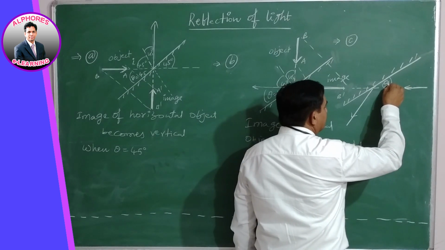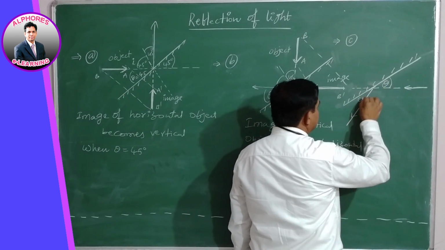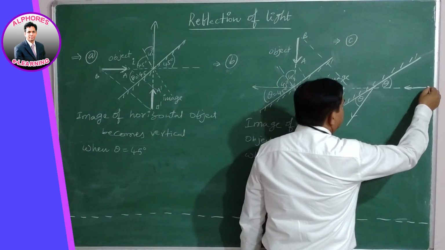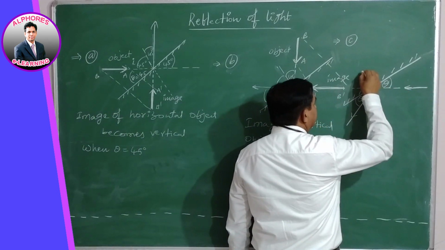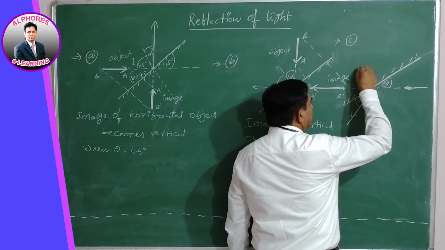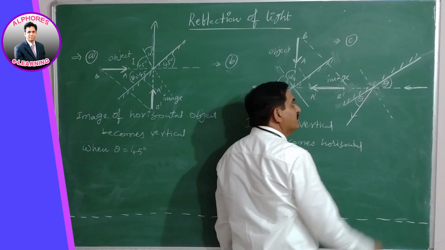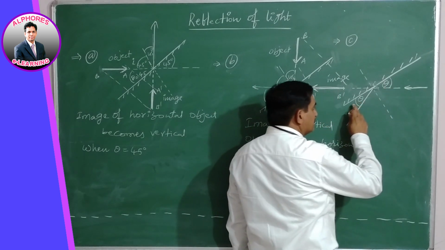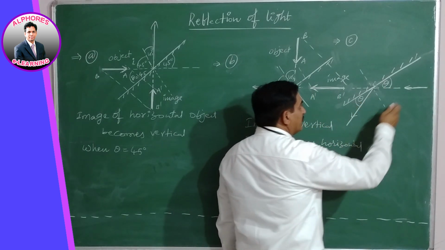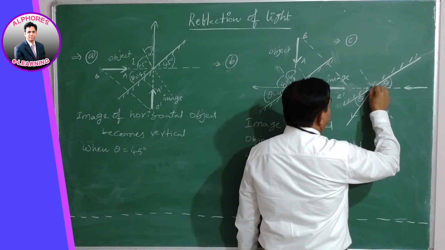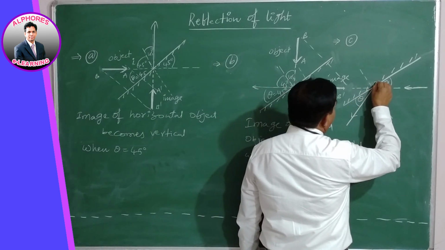This is angle theta, the glancing angle, and this is also the glancing angle. Now the reflected light is extended back in order to get its image.